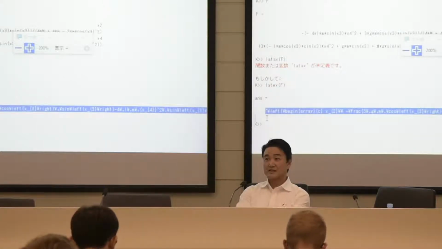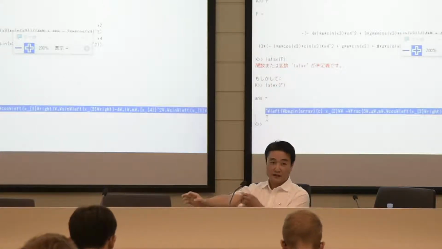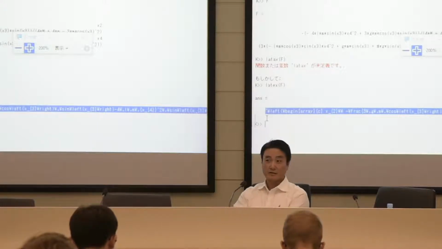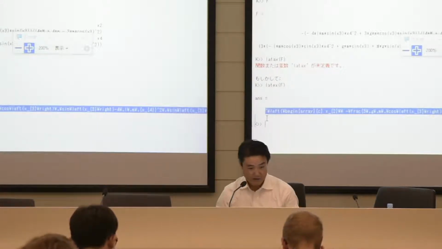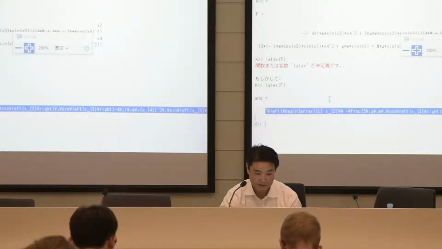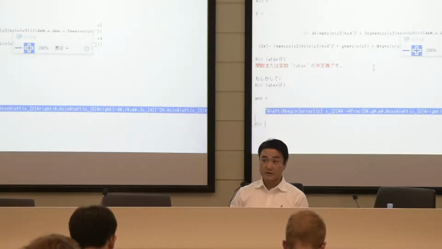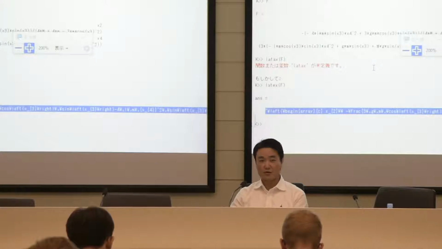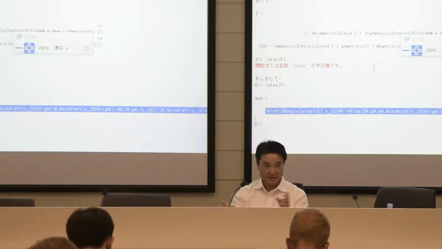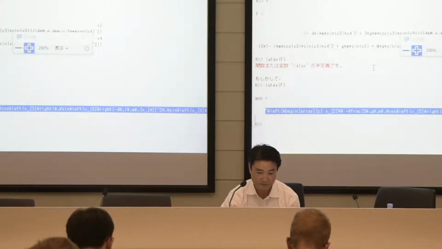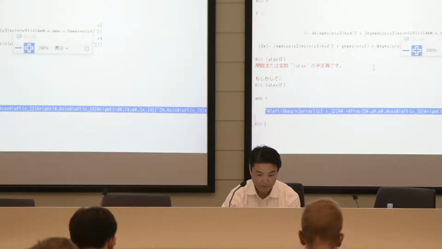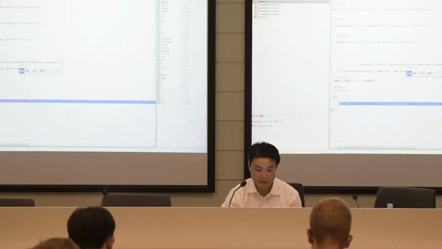Then you can see whether this computation is what you expected or not. This can be used to write your thesis, right? It's much easier. But sometimes the order of terms is not as you want, and you need to rearrange the order of terms. But this way you can confirm your computation.